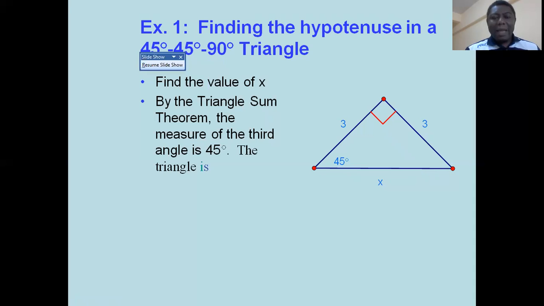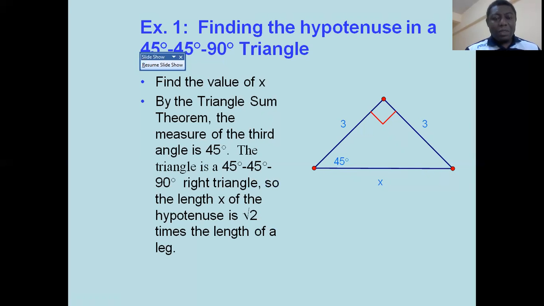By the triangle sum theorem, the measure of the third angle is 45, and the triangle is 45, 45, 90. So the length x of the hypotenuse is the square root of 2 times the length of a leg.